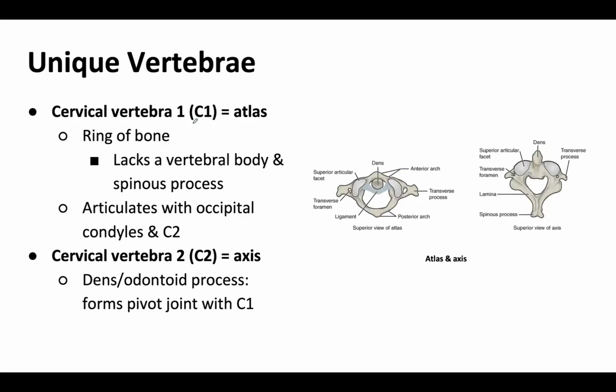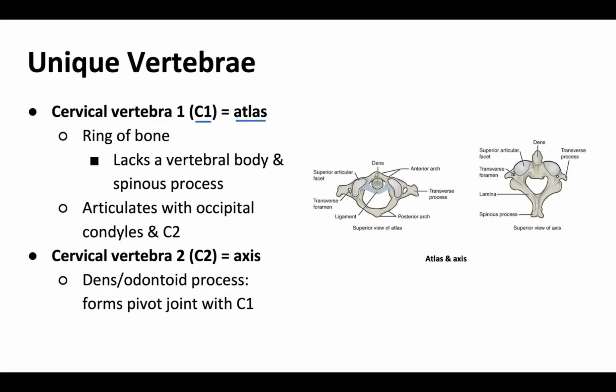There are 2 cervical vertebrae that are so unique that they need to be discussed separately. The first is the first cervical vertebra, often just called C1, or sometimes you hear it referred to as the atlas. Think of Atlas in Greek mythology holding up the world on their shoulders, while C1 is holding the head on its shoulders or surfaces.